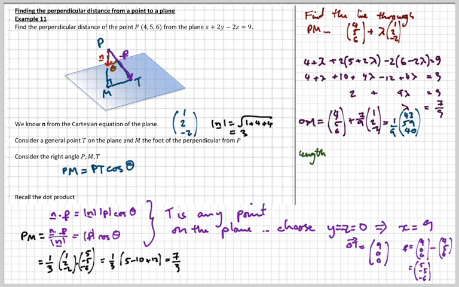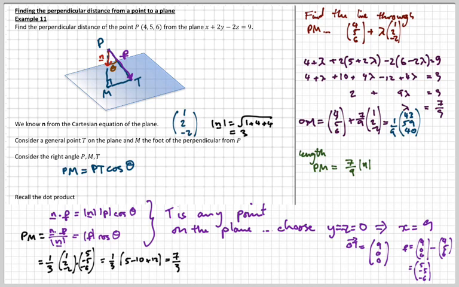Another way to find the length PM, now that we know OM, well, there's two ways. We could find P to M and then find that length, but that's not the most efficient method. Okay? That is not the most efficient method. We know that PM is 7 ninths of the length of n.